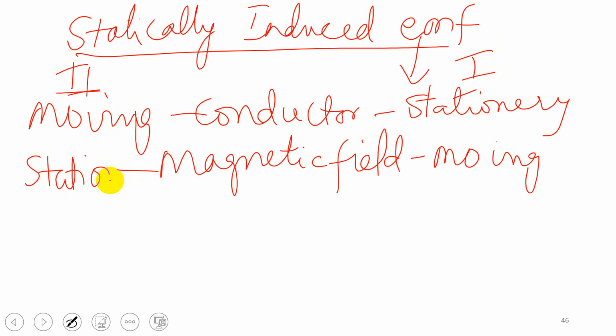In both cases, the EMF is induced. So what we have to understand here is that EMF is induced when there is a relative motion between the conductor and the magnetic field.